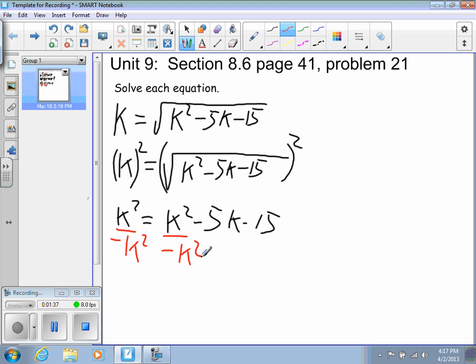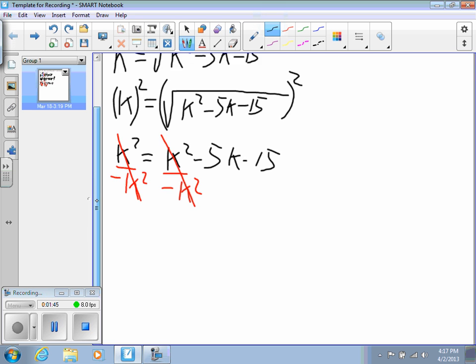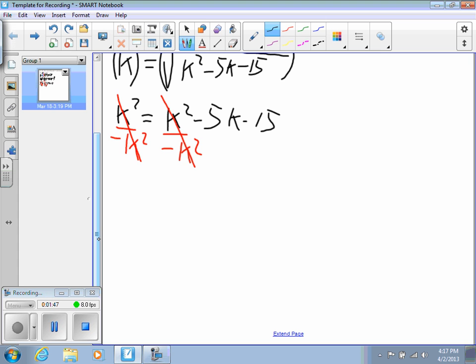And when I do that, it's going to cancel out on both sides. So my new equation now is 0 equals negative 5k minus 15.